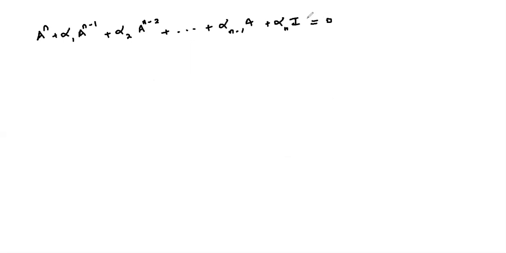Our equation 2 is A^n plus alpha 1 A^(n-1) plus alpha 2 A^(n-2) plus all the way up to alpha (n-1) A plus alpha n I equals 0.